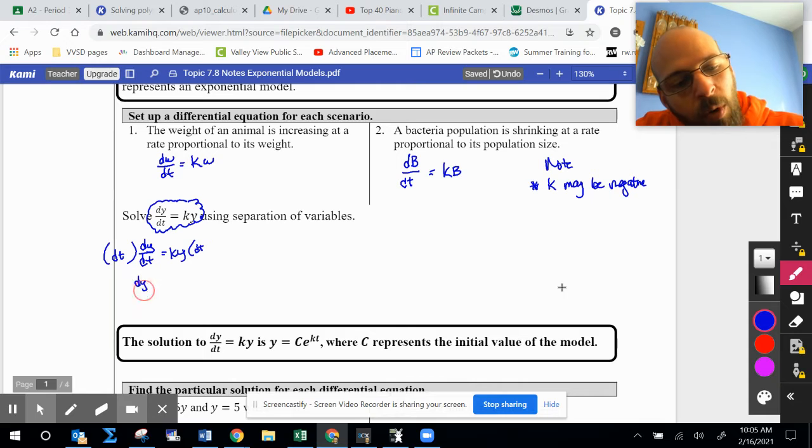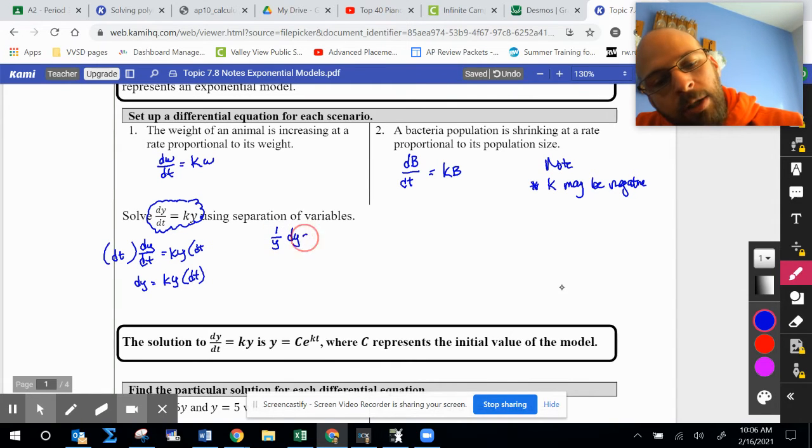So I have dy equals ky times dt. I'm going to divide by y. So I have 1 over y dy equals k dt. Now you're probably wondering, why didn't you move the k as well? k is a constant, so I don't want to make the left side of my equation any more difficult than it needs to be. But I am going to integrate both sides.